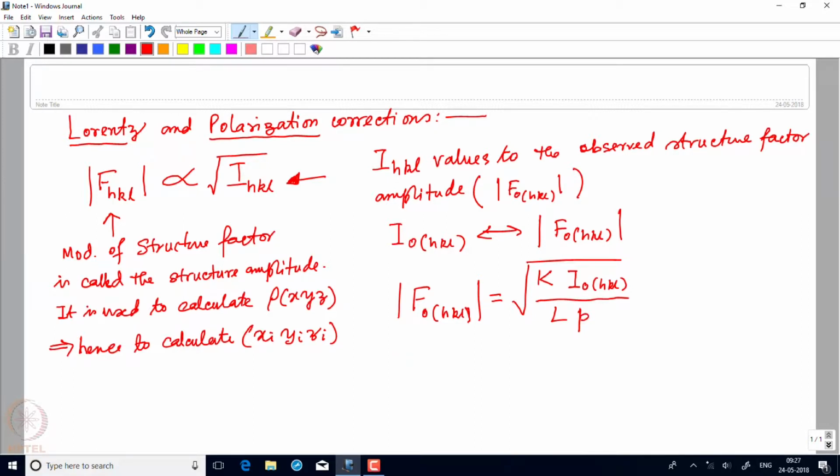This L is called the Lorenz factor and P is called the polarization factor.